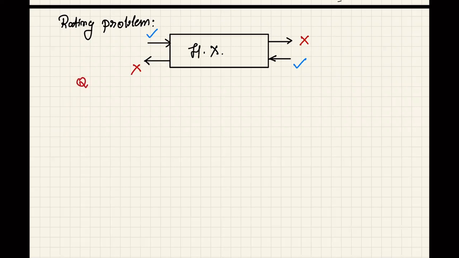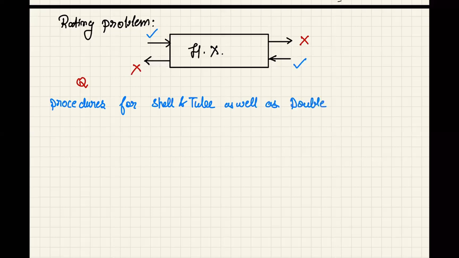So if you think of solving this problem, you would be stuck, because if you recall the procedures for both shell and tube as well as double pipe, we require the value of delta T LMTD, and delta T LMTD essentially requires all the four temperatures.